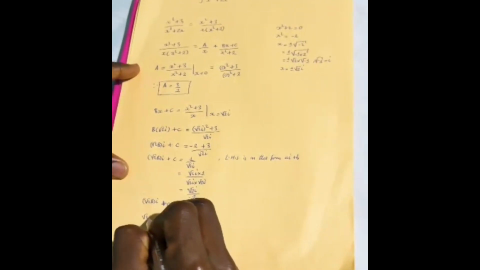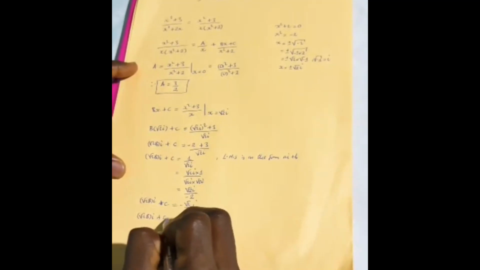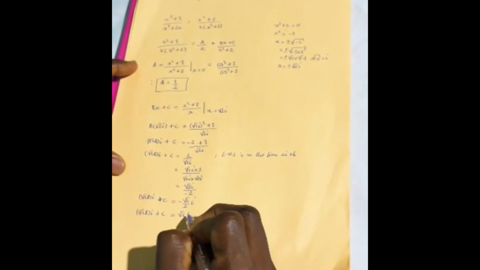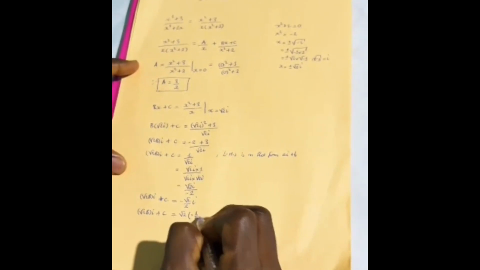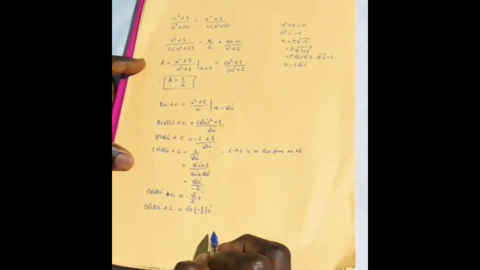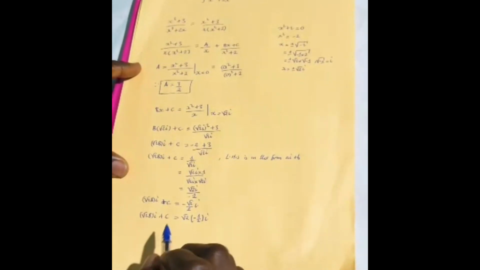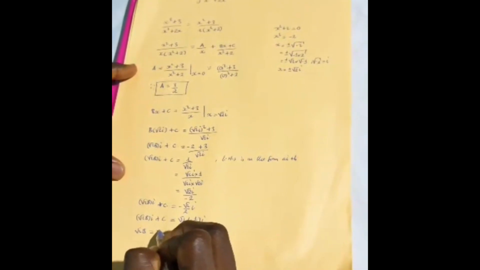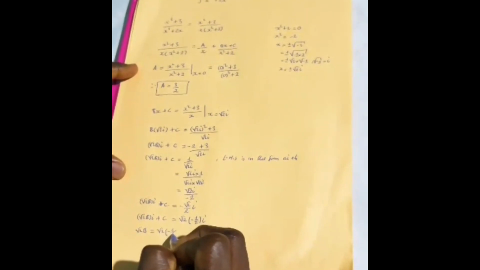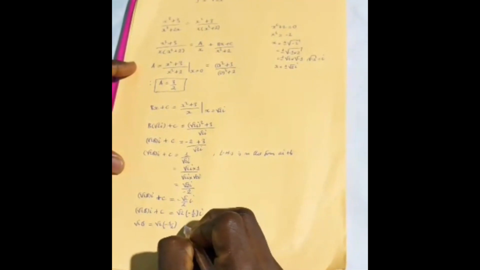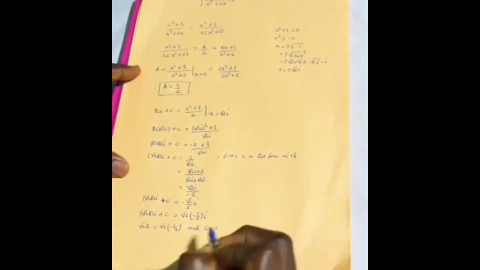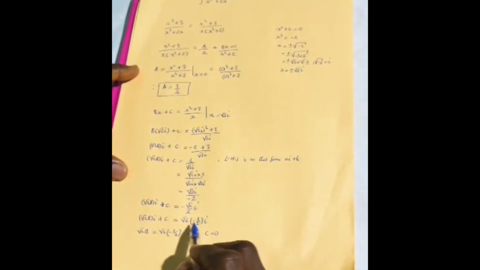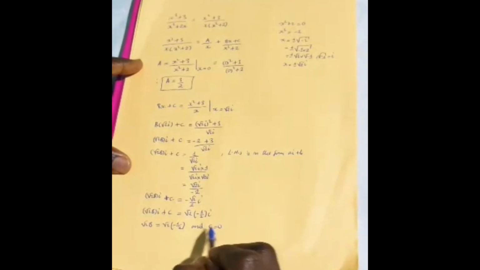So we have that root 2b all i plus c equal to root 2 into negative half all i, such that we are going to equate components at this level. So we have that root 2b equals root 2 into negative half, and we have that c equal to 0, because 0 here plus this term on the right hand side changes nothing, so obviously c equals 0.